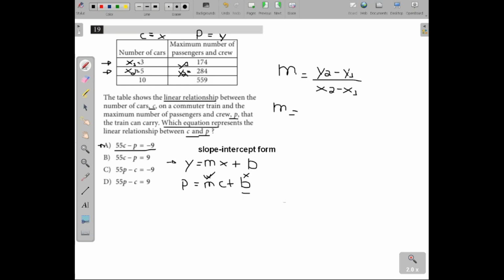So let's replace the values in the equation. The slope is equal to 284 minus 174, divided by x sub 2, which is 5, minus x sub 1, which is 3.